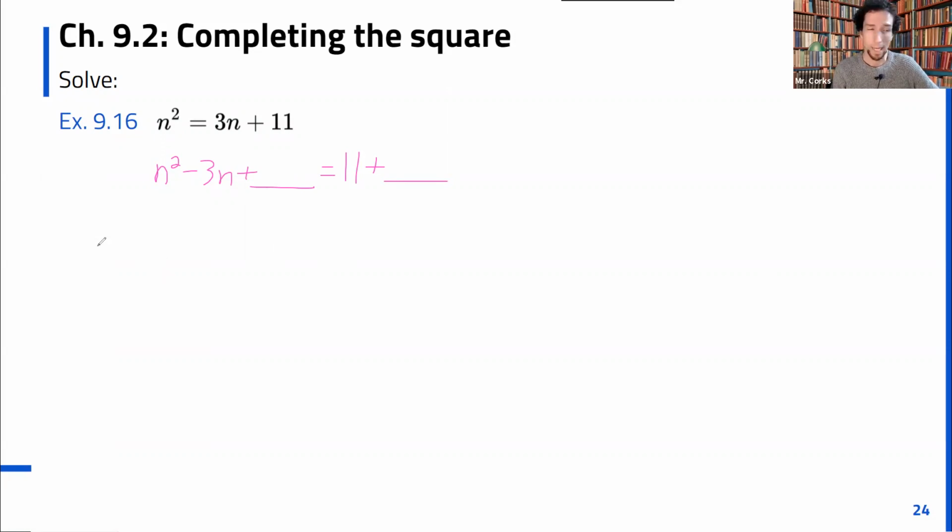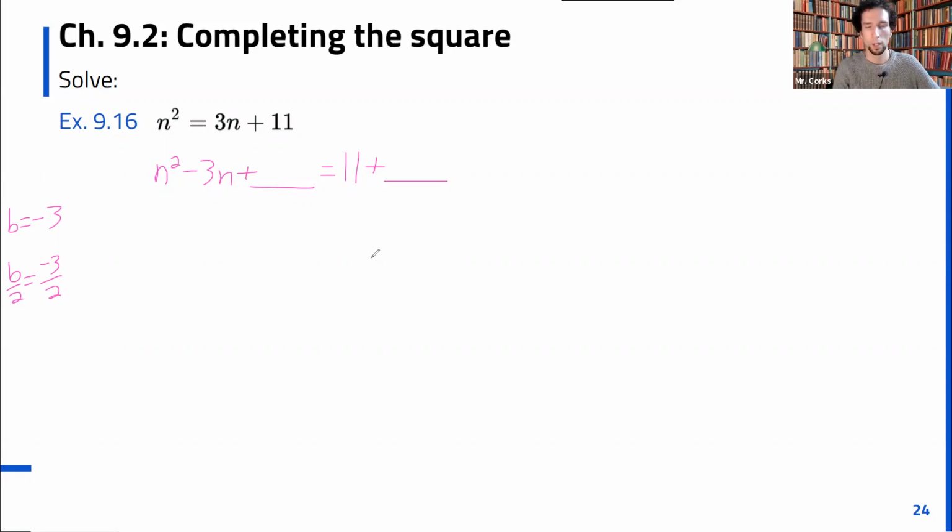9/4. Okay, so we have our b value. B is -3, and we want b/2 to be our m value. So that would be -3/2. And so that's the quote unquote m value. I'm just saying quote unquote m because that's not the standard term used.